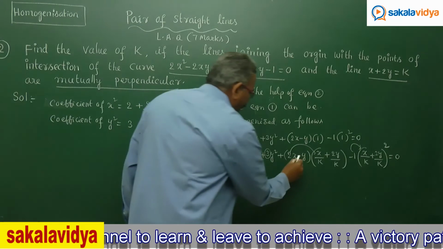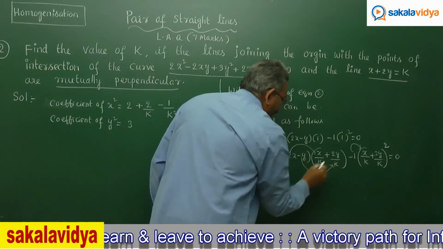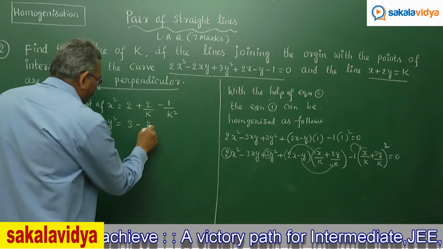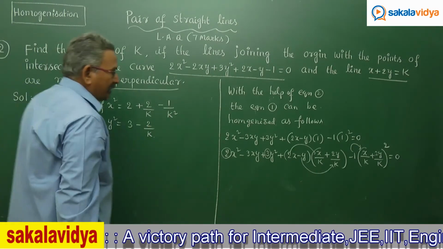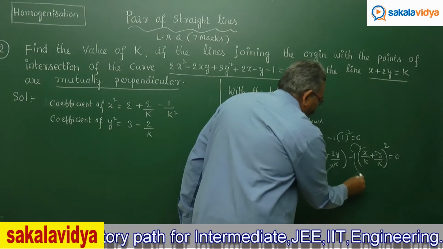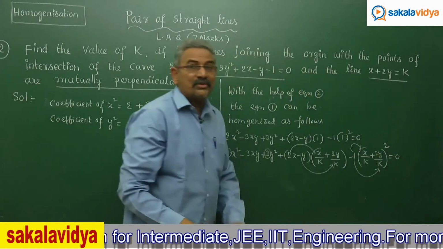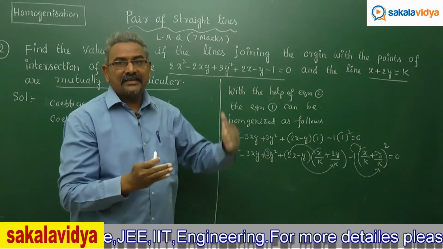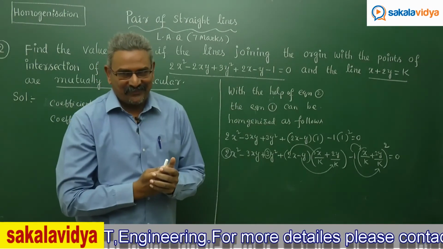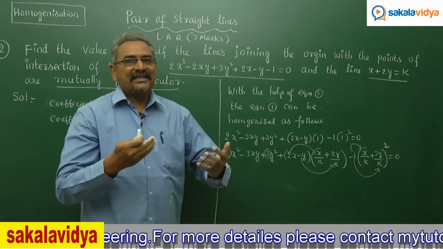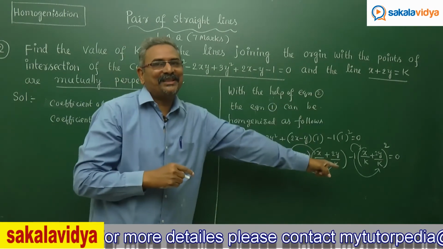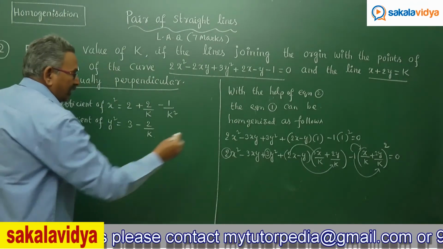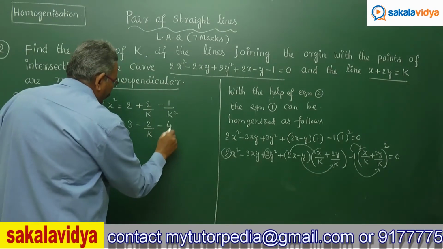Next here minus multiplied by this 2k, that will be minus 2 by k. Next the minus 1 multiplied by 2 by k whole square is very important here. That will be 4 by k square multiplied by minus 1. So minus 4 by k square, that will be the contribution from the third term to the coefficient of y square. So that will be minus 4 by k square.